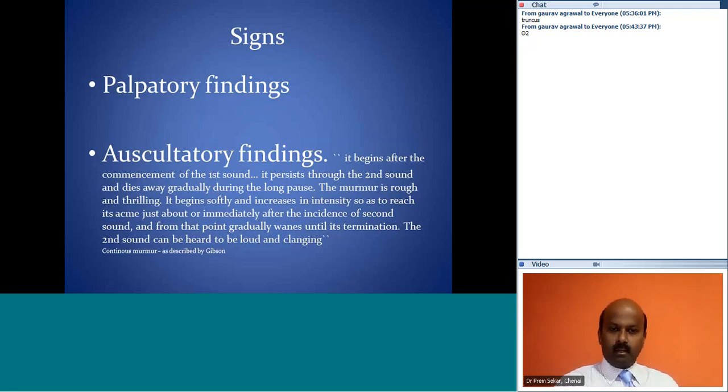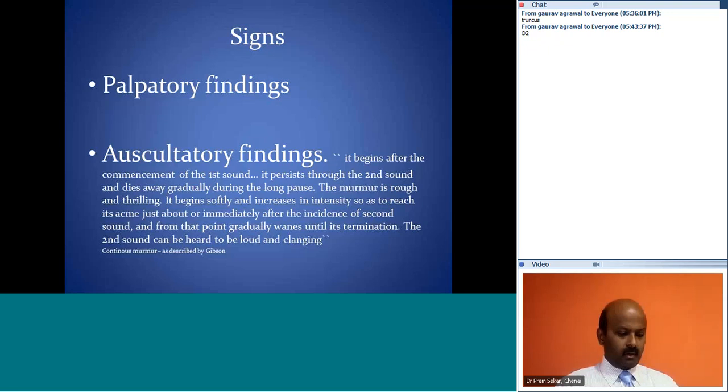Many a times with small PDAs, no major signs are found, but with moderate PDAs with a big left to right shunt, you may find all the major signs of a significant left to right shunt, like the apical impulse being shifted down and out, a hyperdynamic apical impulse, a palpable thrill mostly in the pulmonary area, which is usually confined to systole, occasionally, very rarely, systolic and diastolic, and extending to the suprasternal area.